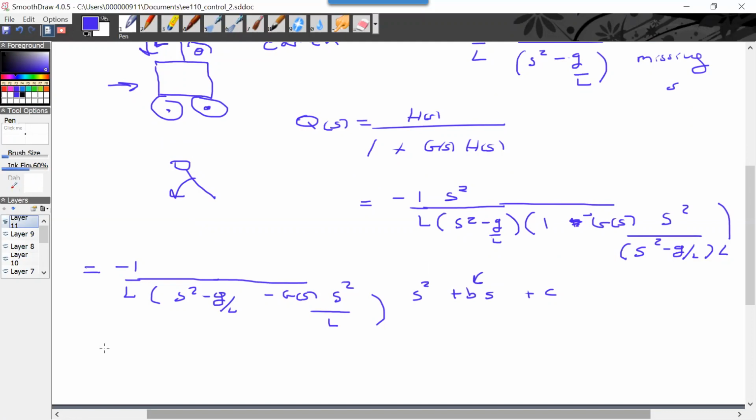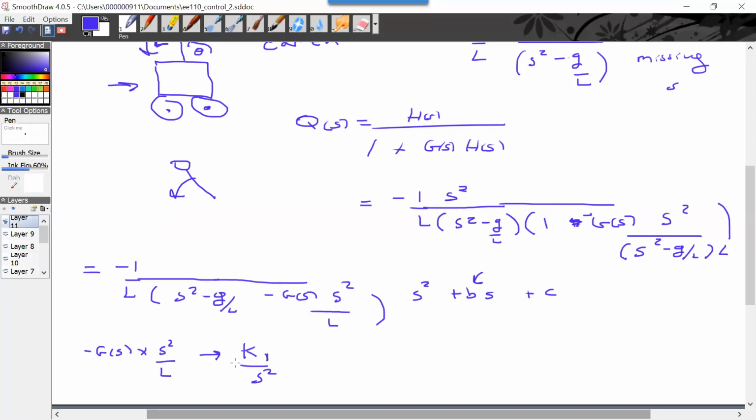So I have to convert my minus g of s times s squared over L. Well, I need a constant, right? So I have to convert s squared divided by L into a constant. Well, that really just means I need k divided by s squared, right?